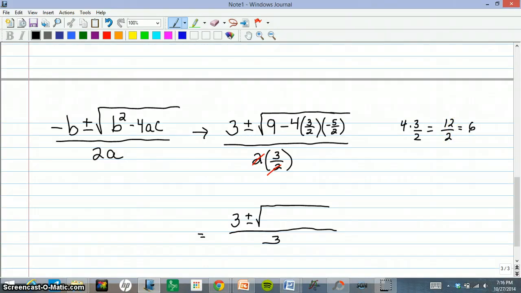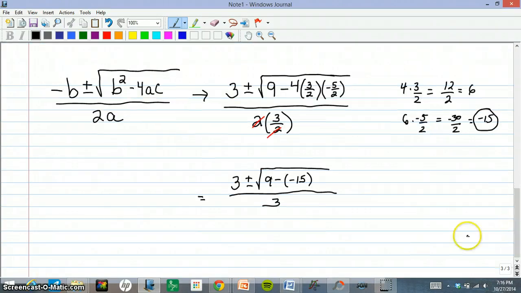Alright, so these two make 6, and then 6 times negative 5 halves, well, that makes negative 30 halves, which simplifies to negative 15. So putting that together, 4 times 3 halves times negative 5 halves all makes negative 15. 9 minus that product, negative 15. Oh, that didn't work out so badly after all.